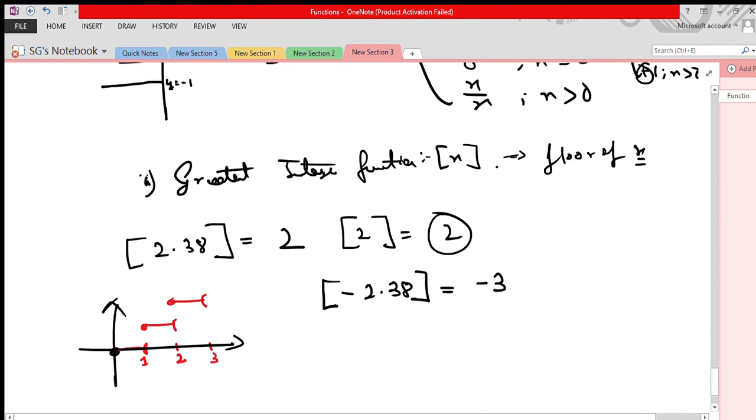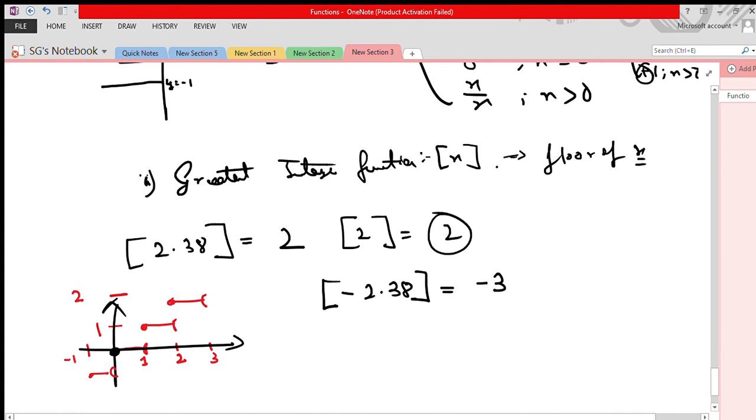Actually, it maps your function to 0, right? Between 1 and 2, this maps your function to 1. Between 2 and 3, it maps your function to 2. Similarly here, okay, wait a minute. So see here, this is x equals minus 1, right? So between minus 1 and 0, it maps your function to minus 1. I think this particular thing is getting clear. That is how the mapping of the greatest integer function works.